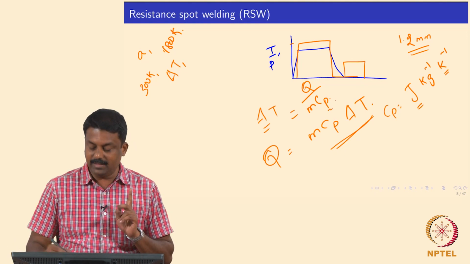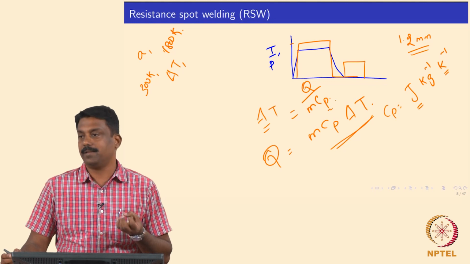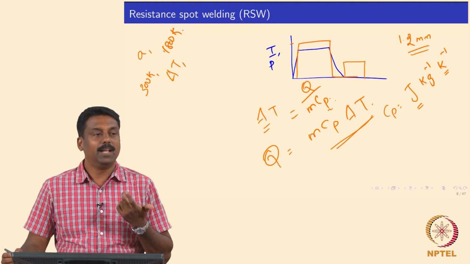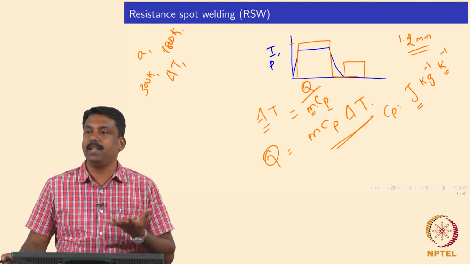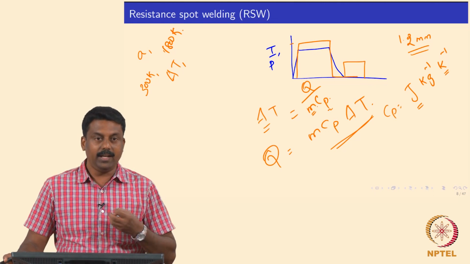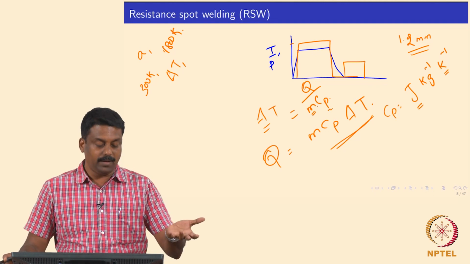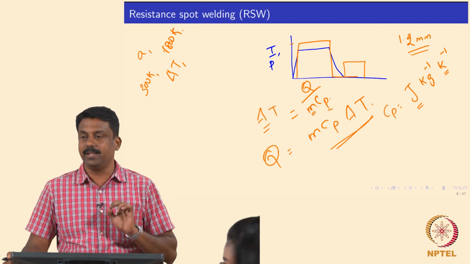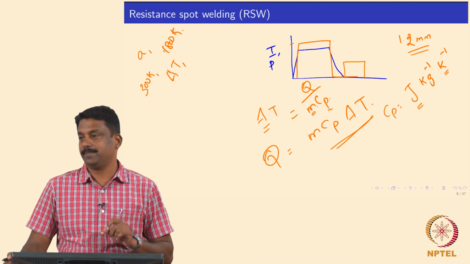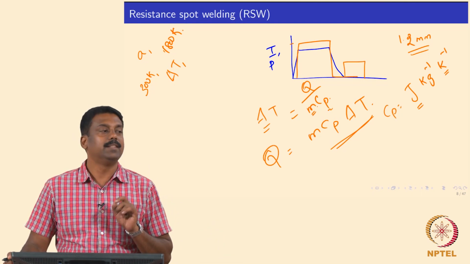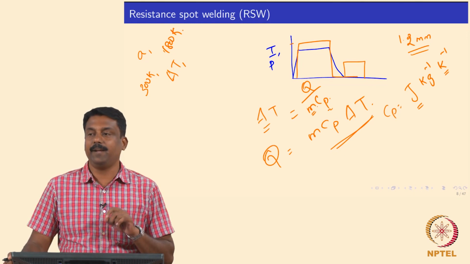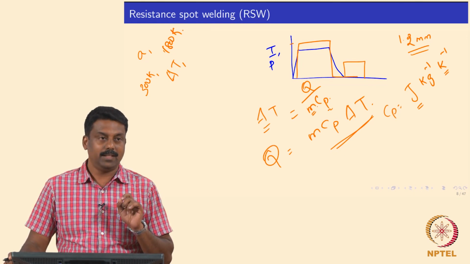One factor is Cp, which is a material parameter. The other factor which determines the heat required to increase the temperature from room temperature to melting point is the mass. Here we define the mass in terms of thickness.